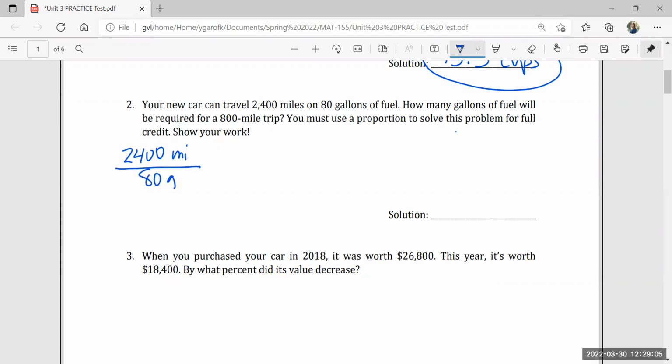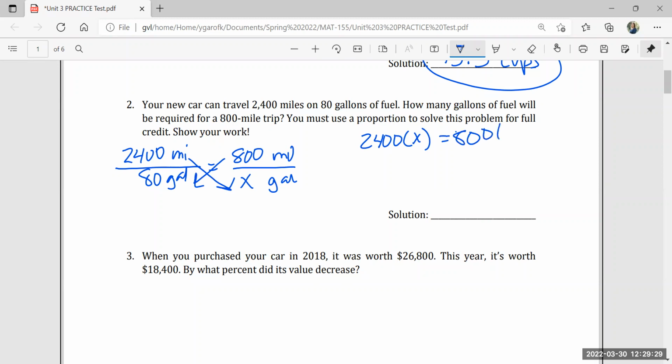for 80 gallons. And this is going to equal 800 miles is going to need how many gallons? And just like before, this is going to give us 2,400 times X is going to equal 800 times 80.